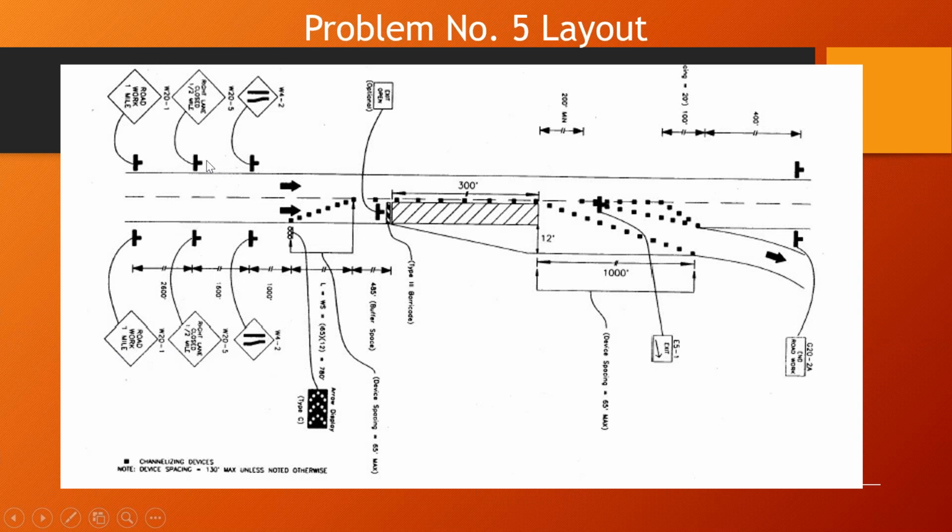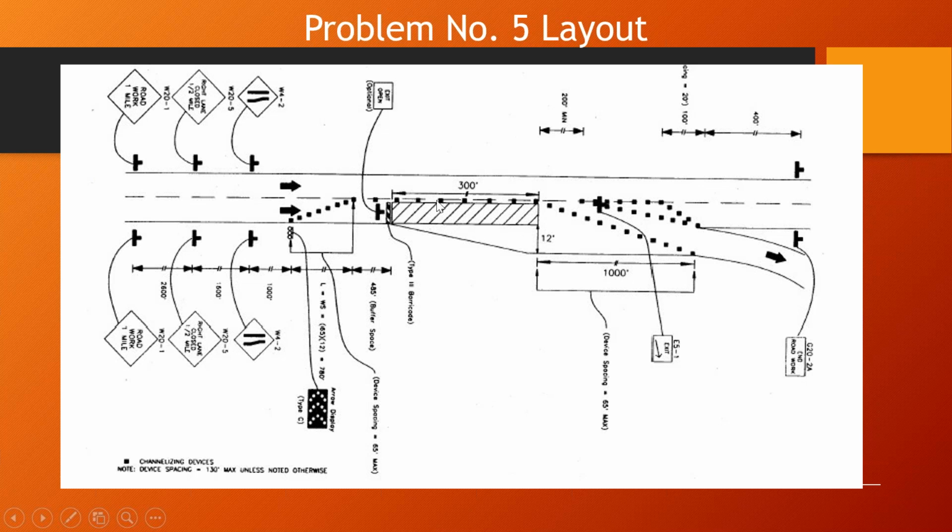Since it's a 2-lane divided highway, we put our signs on both sides of the road, and we see the length of our taper for 65 miles an hour is 780 feet, and it shows the placement of the arrow panel. We have our sign here, it says exit open, it says optional, but since it's high speed, it means we really want to use it.